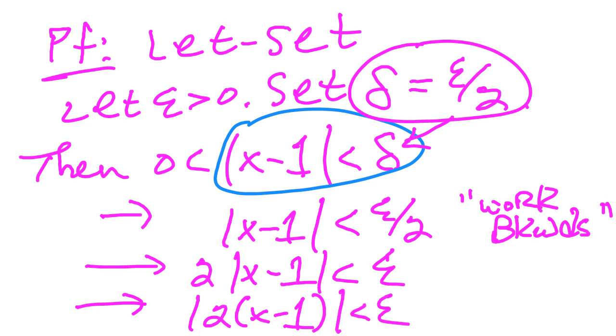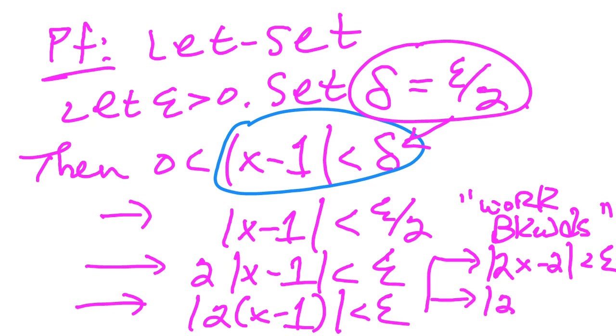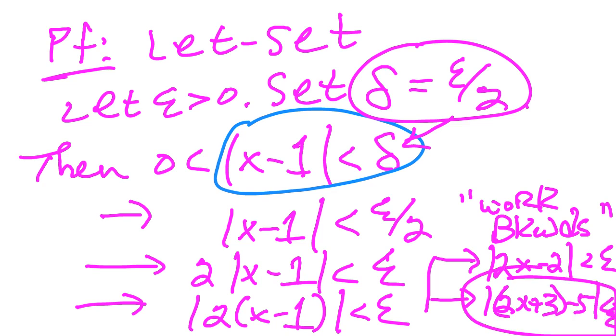And then what does that imply? That implies the absolute value of 2x minus 2 is less than epsilon, which implies the absolute value of what did we want? f of x, which is 2x plus 3, and then minus 5 is less than epsilon. And so I've got what I want.